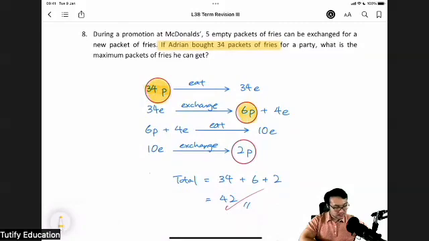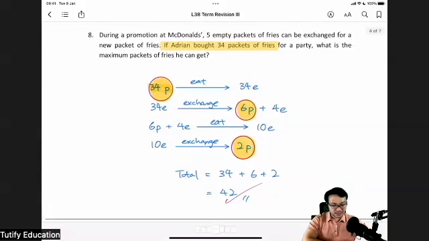Then they will give you 6 new packets, and even 2 more new packets. So the total number of new packets of fries that you have gotten is 42. You only paid for 34, but in the end you got 42. Good deal, right? But of course, after you finish eating everything, then it's not a good deal anymore. You're going to feel sick.